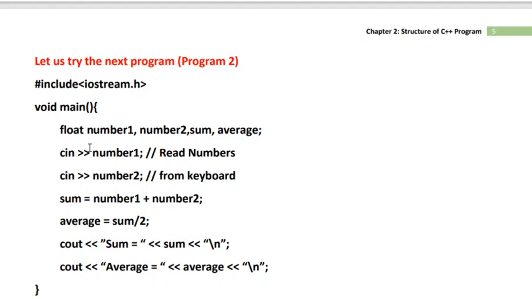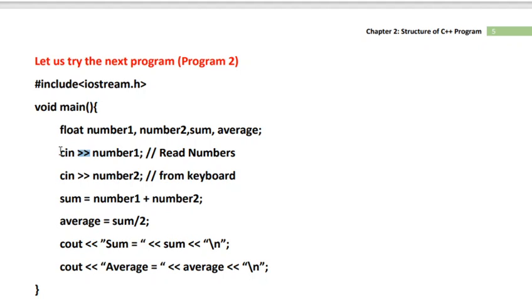Okay, right? Now the next statement we have is cin. cin is again an object of the iostream.h. Here cin is the object that will try to read a value from the standard input stream. Now just see, we have used the bitwise operator, that is the right shift operator. The right shift operator is being overloaded in order to perform the task of extraction.